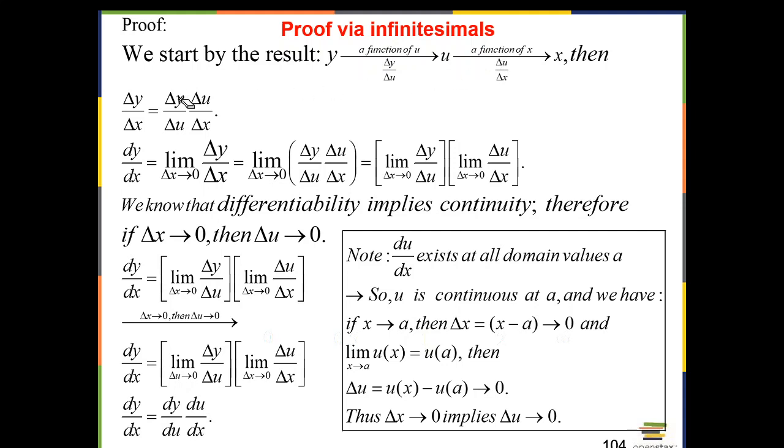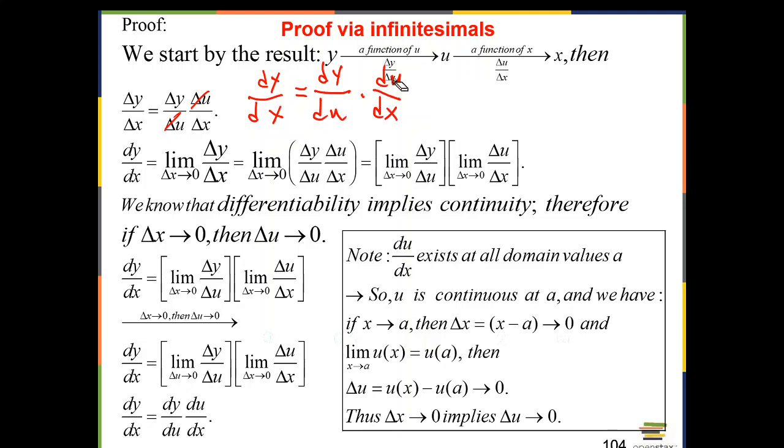When we multiply delta y over delta u times delta u over delta x, we are able to cancel, because these are just values, and you see that delta y over delta u times delta u over delta x equals delta y over delta x. What we want to prove is that it is also true that dy/dx equals dy/du times du/dx.